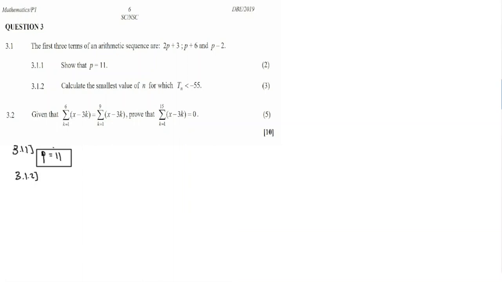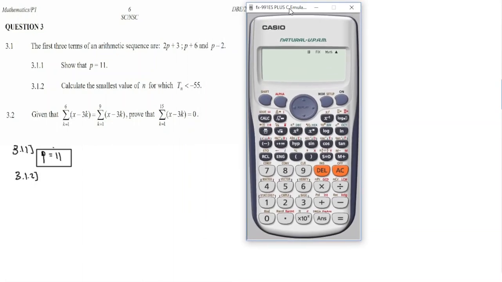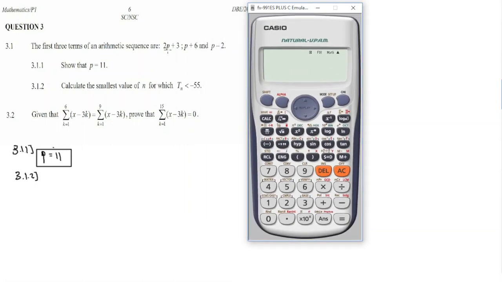Since I have p, now the sequence iba where there's p kule sequence yami ngiyofaka 11.